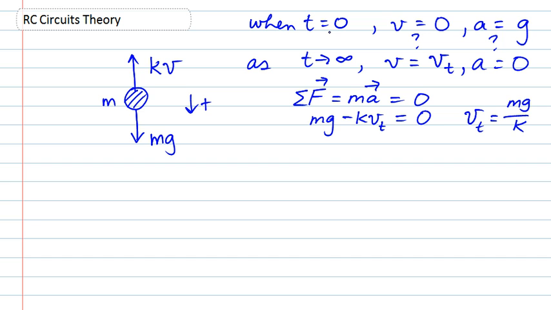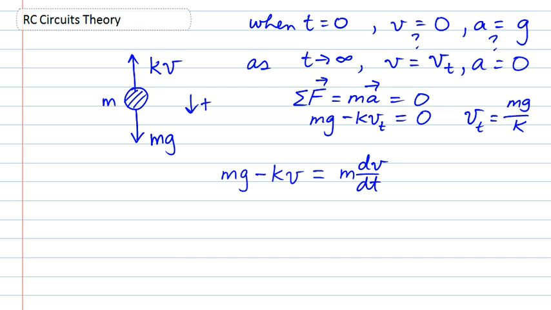So we write our general equation, F equals ma, and this time we have mg minus kv is equal to ma. But remember, a is actually a derivative. It's dv/dt. And in calculus and differential equations, we basically need to separate the variables. There's a variety of ways to do this.